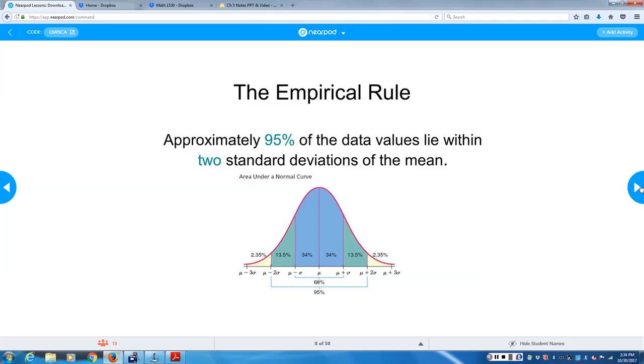The range rule of thumb says that anything that will lie outside of the mean minus 2 standard deviations to the mean plus 2 standard deviations, we consider that unusual. Well, the reason it's unusual is because 95% of the time your values should be in that interval, which means 5% of the time or less they're going to fall outside that. And if the probability is 5% or less, we consider that to be something that's unusual if it occurred.